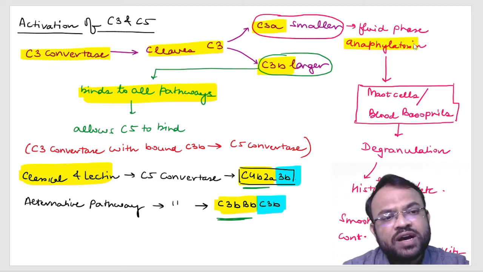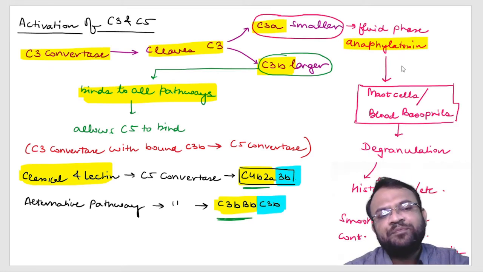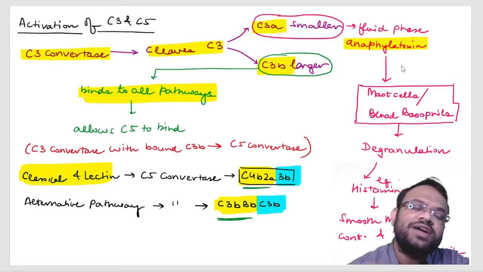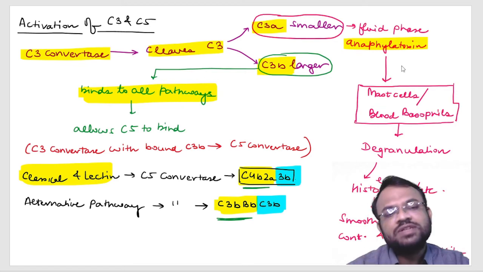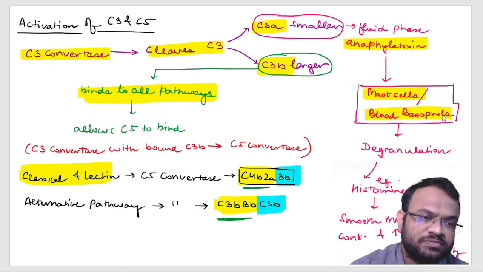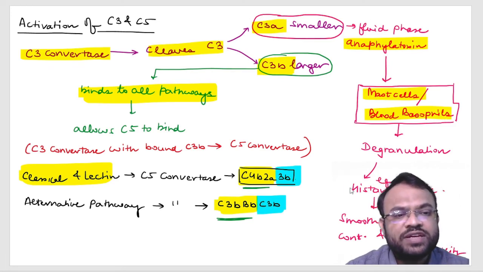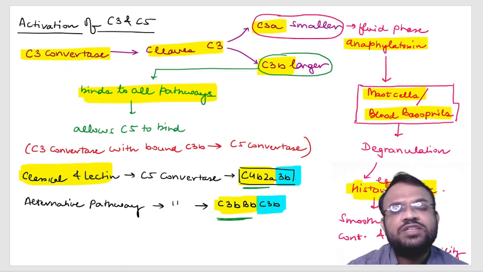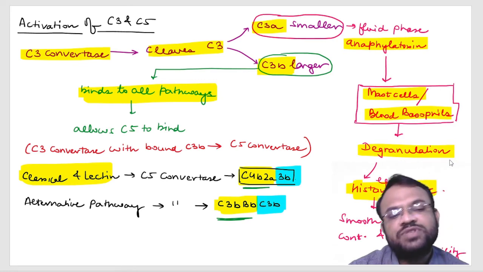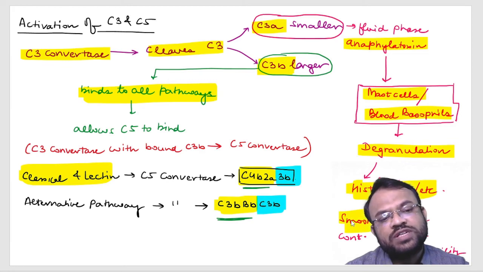Now I will also talk about what C3a does. C3a is actually an anaphylatoxin. What does anaphylatoxin mean? It mediates allergic reactions, or you can say inflammatory reactions. C3a goes and interacts with mast cells or basophils, which contain histamine. When these cells degranulate, the histamine comes out and interacts with the smooth muscles.